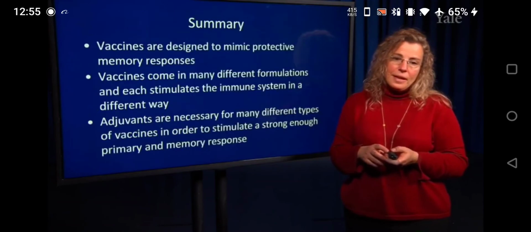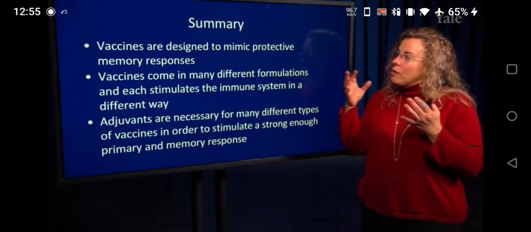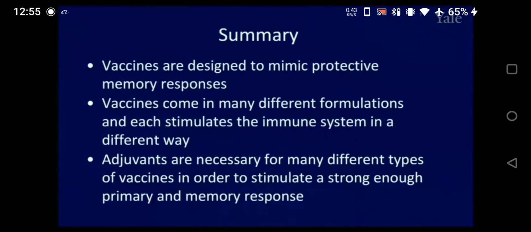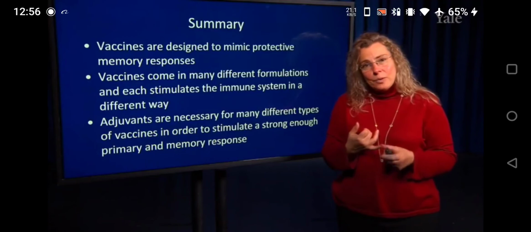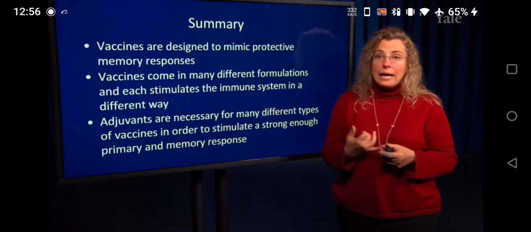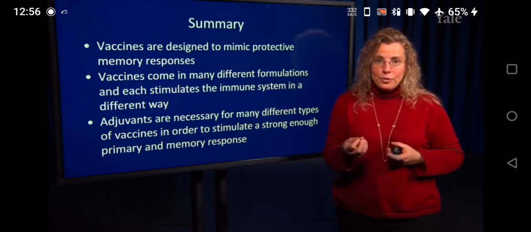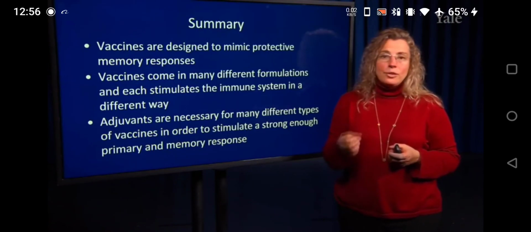So, today, we've gone through a lot of different vaccine designs. But remember, overall, the job of a vaccine is to try to mimic protective memory responses that would occur naturally if you got that infection. So we went through an attenuated vaccine, which is alive and actually infects you, but is weak, so does not make you sick.